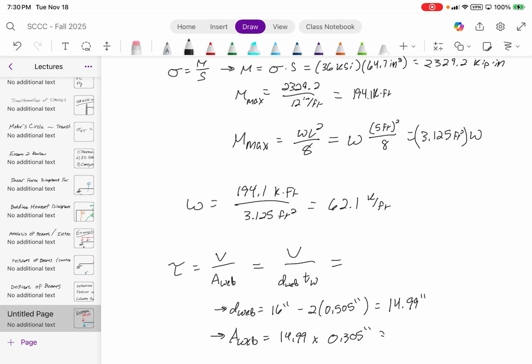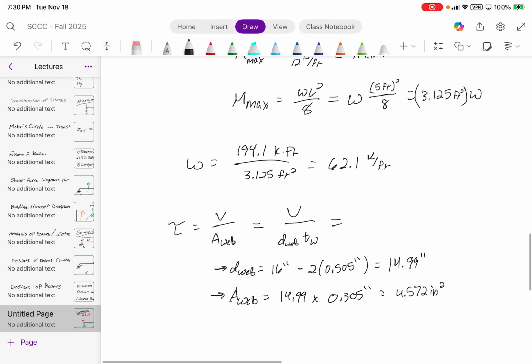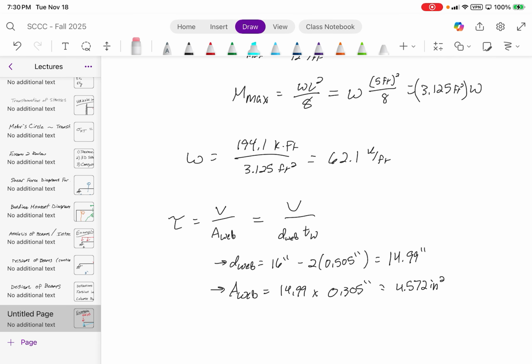Which gives us an area of 4.57 inches squared. All right. What's our unknown in this equation? What are we trying to solve for here?